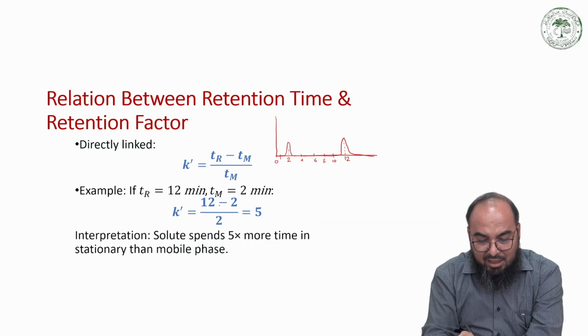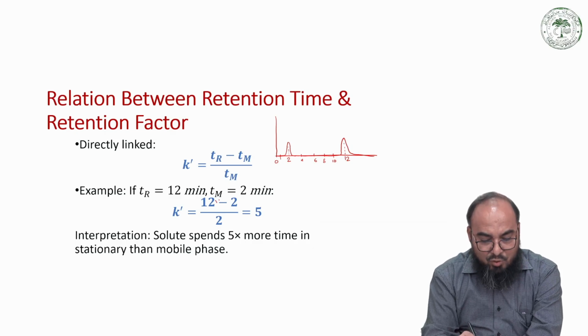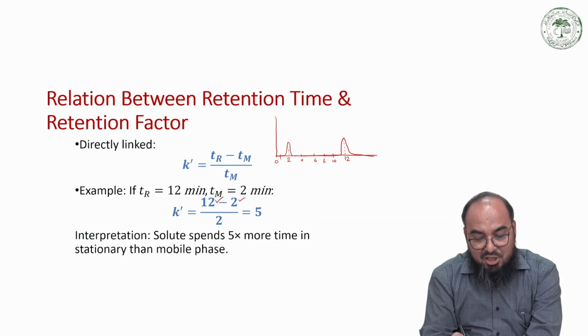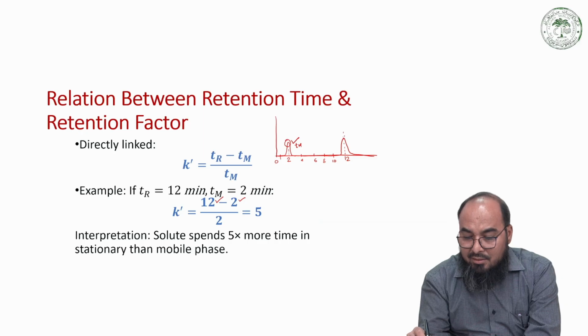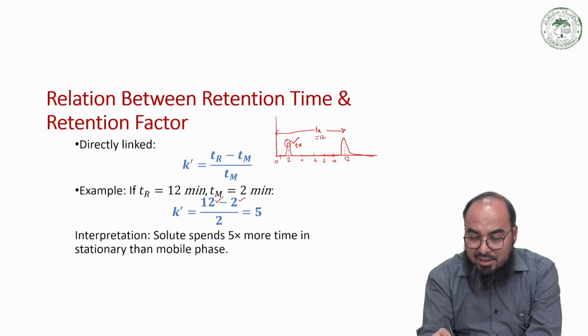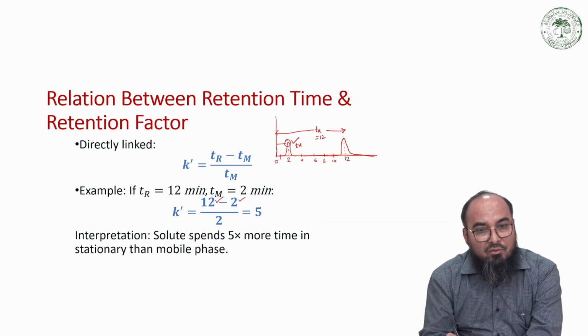So K dash can be calculated. You have to simply put the value 12 minus 2. 12 is the TR, which is 12 minutes, and 2 is the TM, the dead time, which is this peak. So 12 minus 2 is equal to 10 upon 2, which is 5.